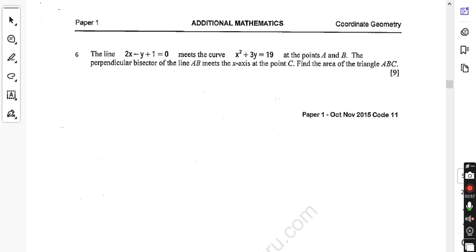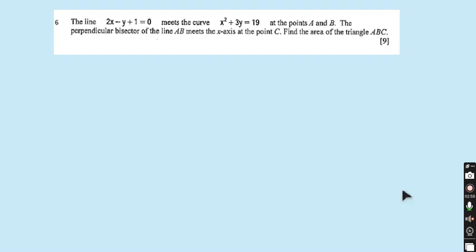So first we will solve the line 2x minus y plus 1 equals 0, or we can write 2x plus 1 equals y.